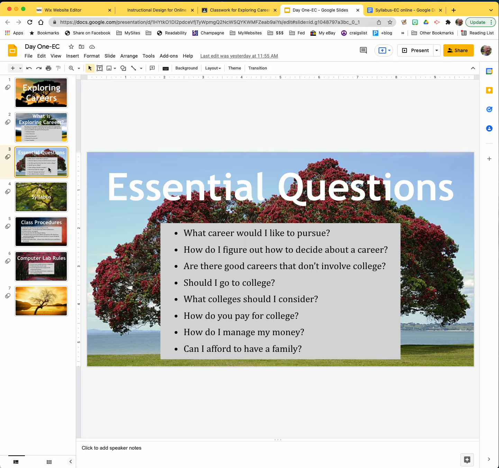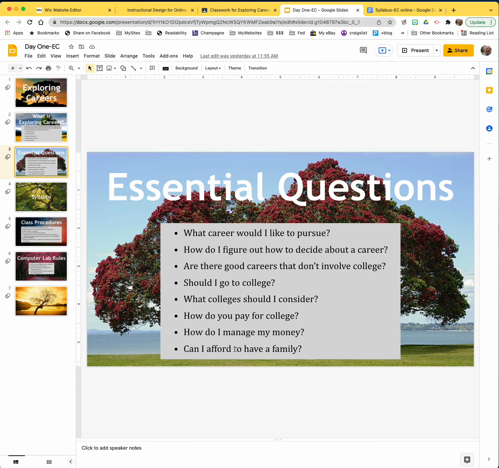We look at the essential questions, mainly what is it we're going to do after high school? What career would I like to produce? How do I figure out even how to decide about a career? Are there good careers out there that don't involve college? Should I go to college? What colleges should I consider? How on earth do you pay for college?